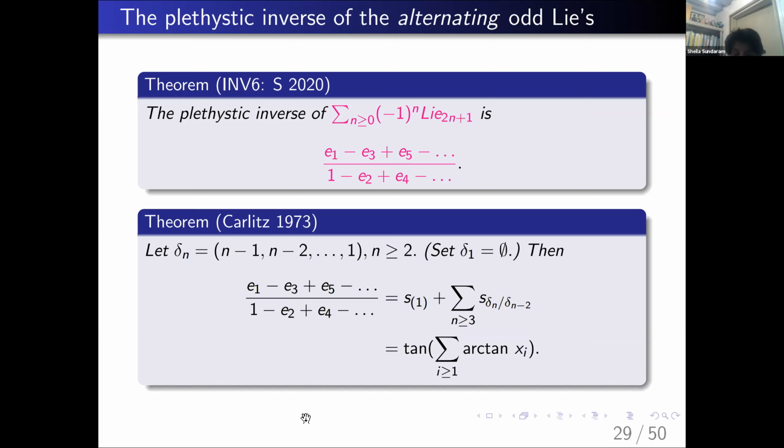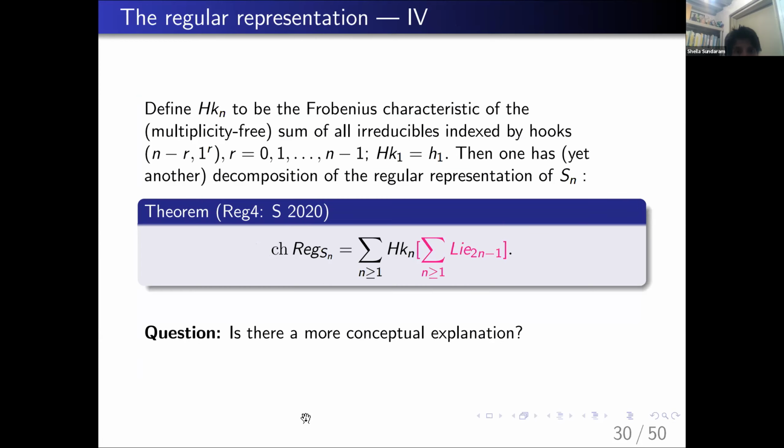Okay. So again, the two new identities are the Plethystic inverse of the odd Lies and the Plethystic inverse of the alternating odd Lies. And what that gave me was, I was surprised. Sometimes I feel like I fall over decompositions of the regular representation no matter what I do. Here's another one.